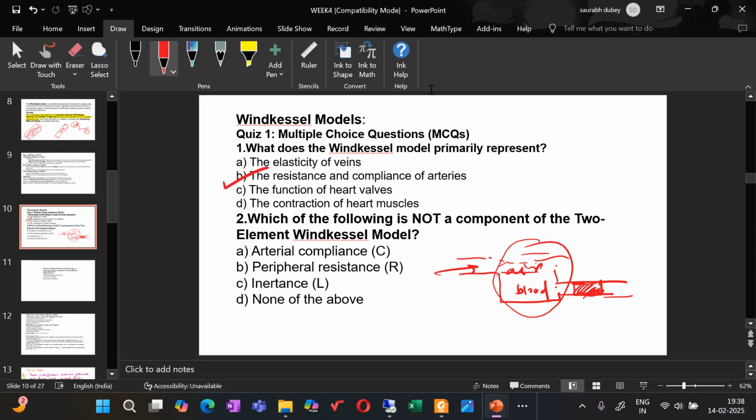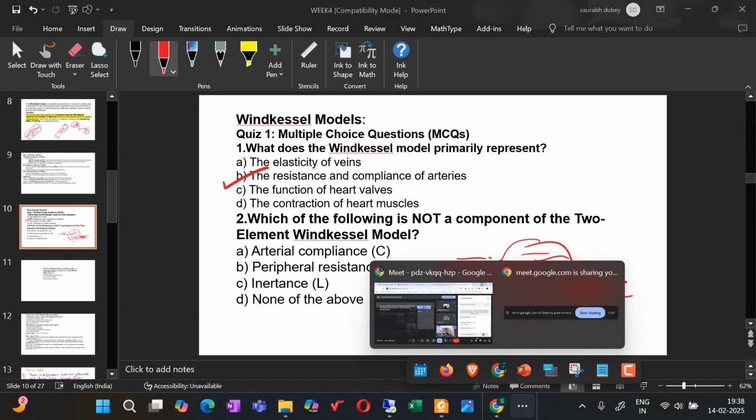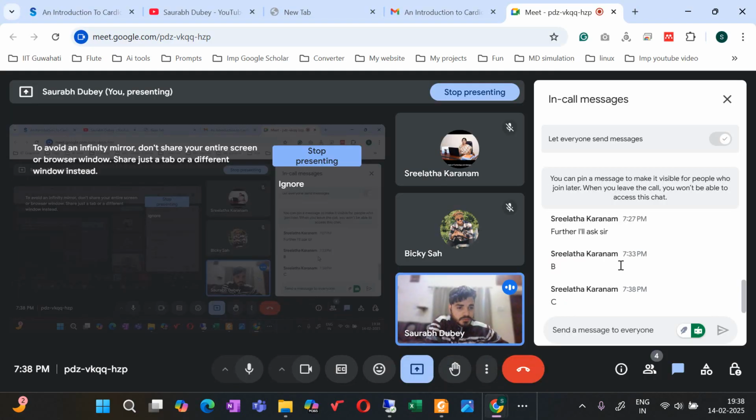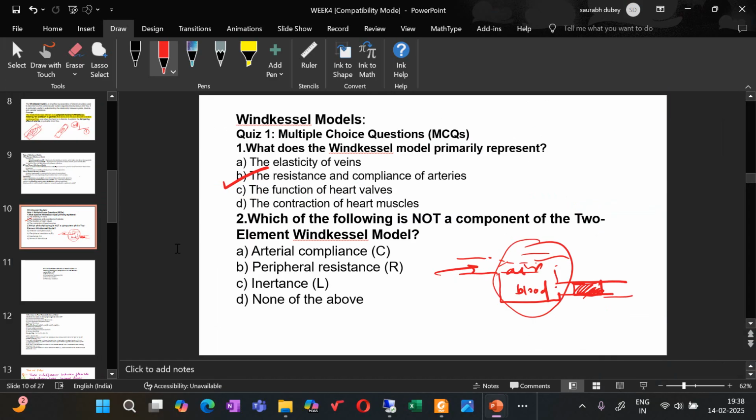The next question you solve: which of the following is not a component of the two element Windkessel model? Arterial compliance C, peripheral resistance R, and inertance L, or none of these. So C is the correct answer, right? Yes, inertance is not.